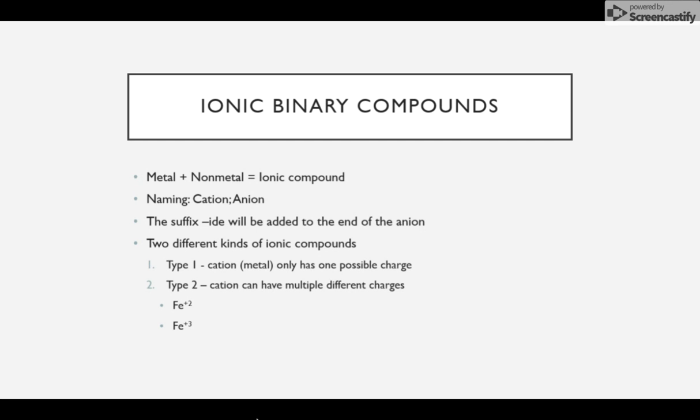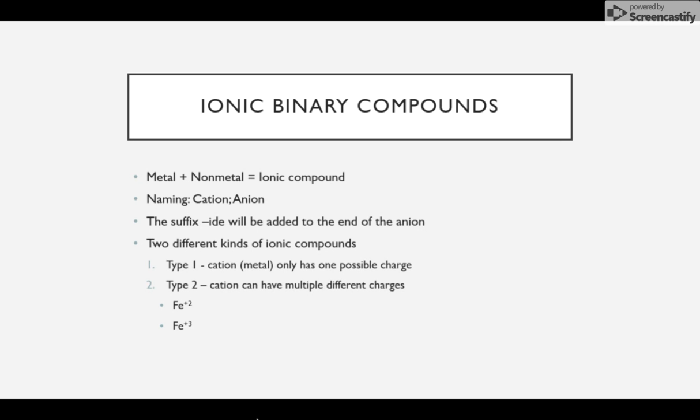There are two different kinds of ionic compounds. There's type 1, which is when the cation only has one possible charge, and that's most of them. Most cations only have one charge, but there are a few metals that are an exception, and they fall into the type 2 type of compounds.